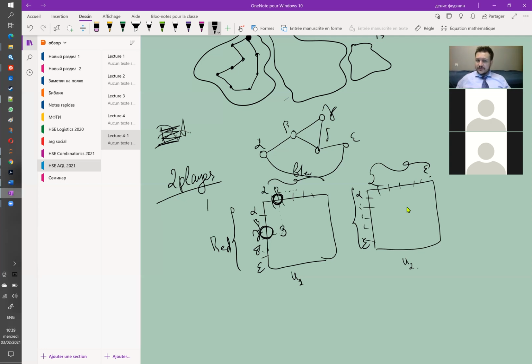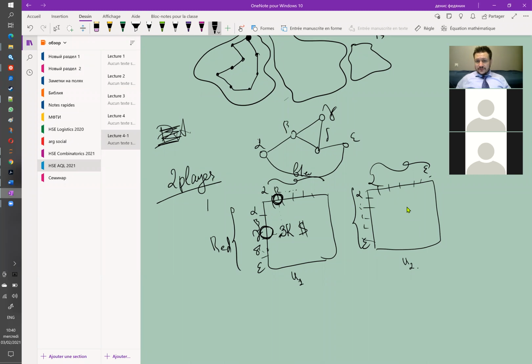For example, it can be just 3K dollars, or rubles, or euros, that the red player will receive if he chooses gamma and blue chooses beta.